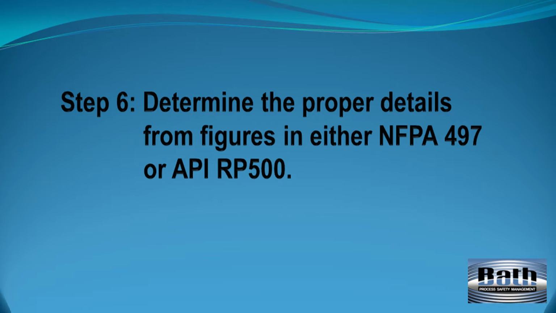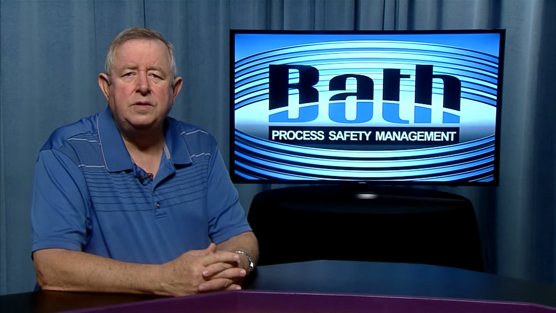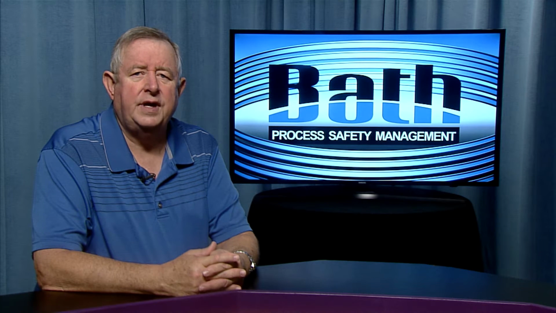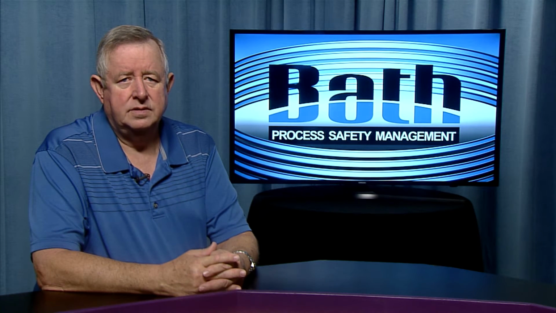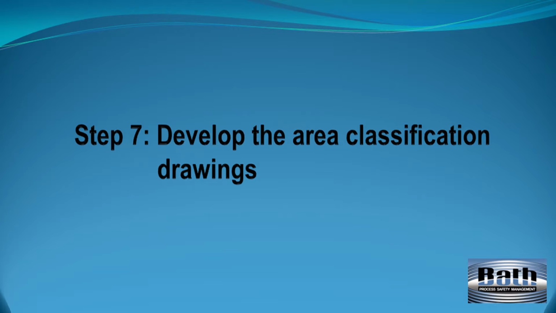Step 6. Determine the proper details from figures in either NFPA 497 or API RP 500. This information, along with the data obtained from Step 5, will be used to create the area classification drawing details. Step 7. Develop the area classification drawings.